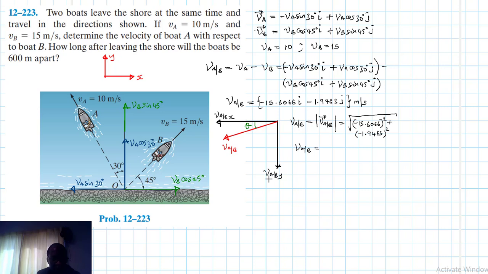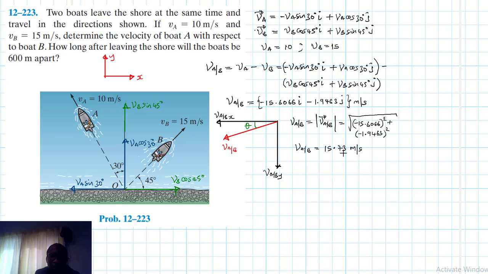Okay, so this gives us 15.73 meters per second. Let me check it again. That's 15.6066 squared plus 1.9463 squared. Square root of that, 15.73.